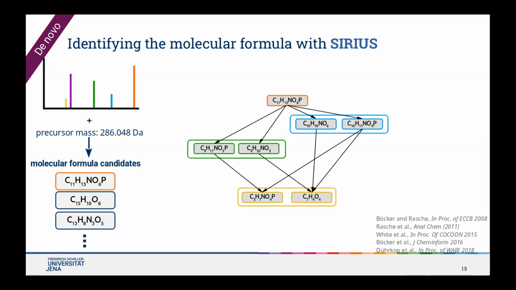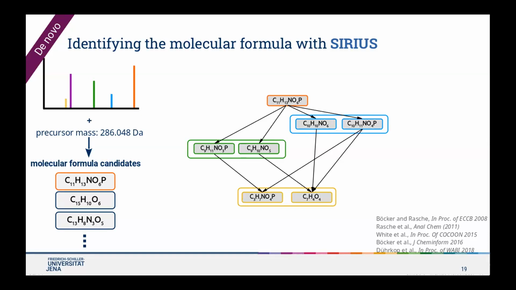As you may see in the spectrum at the left side, we have color-coded the peaks in correspondence to the graph you can see here. We have only one node at the top of this graph, and we have several nodes for each fragment below this node, because for each of the fragment peaks, we can again do this mass decomposition.